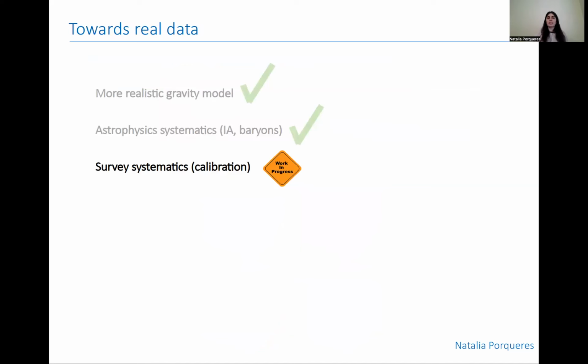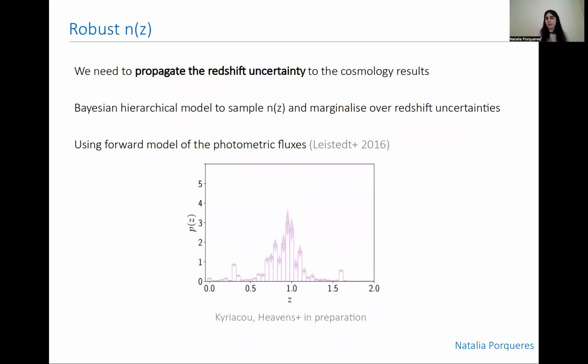Okay, so the last point here is survey systematics. This is calibration and so on. This is still work in progress. The first thing is we need robust redshift distributions, and they also come with some uncertainty, and we need to propagate the uncertainty of the redshift distributions to our cosmological results.